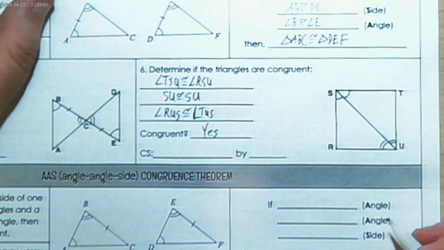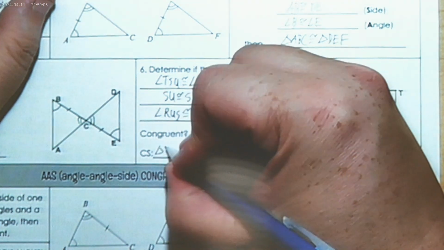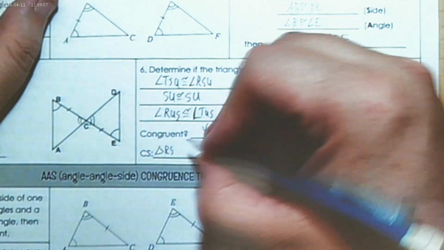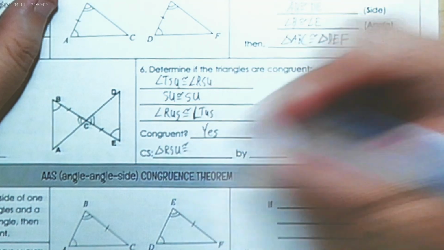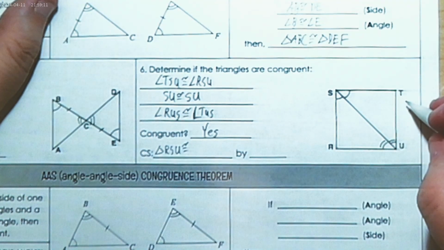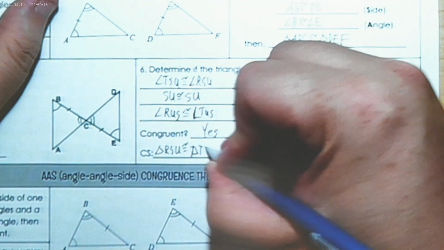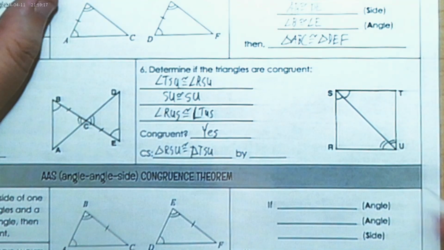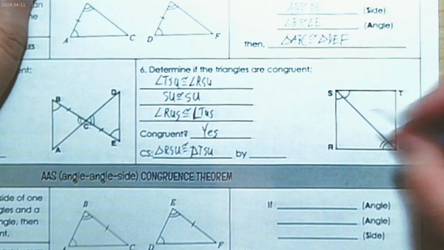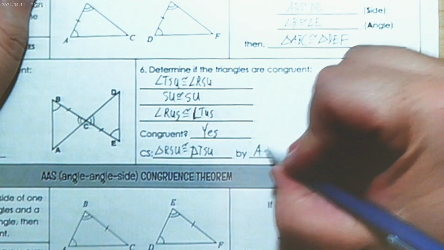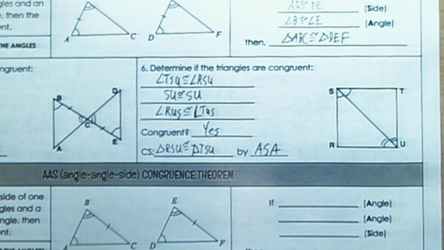And the congruency statement, I'm going to say triangle RSU is congruent to triangle TSU by, that's right, angle side angle. Had a brain melt moment for a second, because I was like, wait a second, how did I prove this? And so it was, yeah.